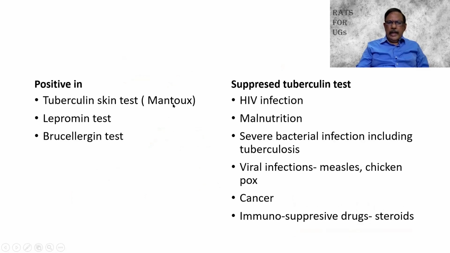Now, the Mantoux test or the tuberculin test can be positive in a case of tuberculosis, leprosy, brucellosis. However, there are some cases where the tuberculin test can be negative, but the patient may still have tuberculosis. These include HIV infection, where there is a generalized immunosuppression, severe malnutrition, other bacterial infections, viral infections, and when the patient is on steroids.